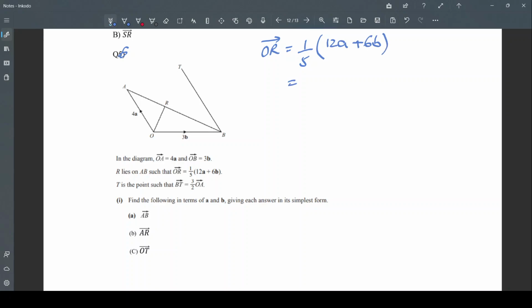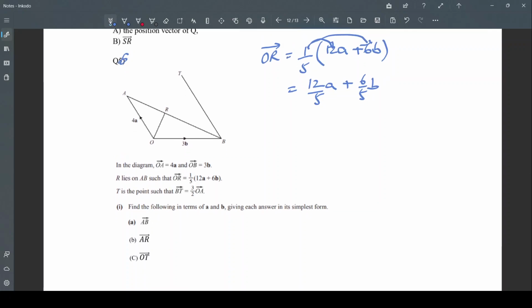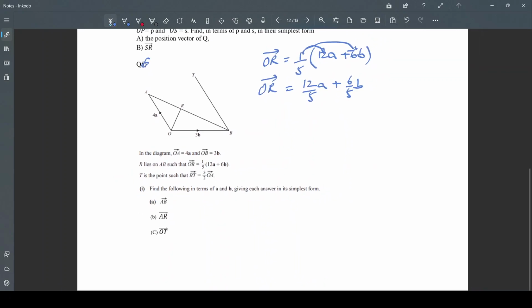You can just expand the bracket, so it will be like 12 by 5 A plus 6 by 5 B. Open it like that, so that later on we can solve it easily. So OR is 12 by 5 A plus 6 by 5 B, and BT is needed.